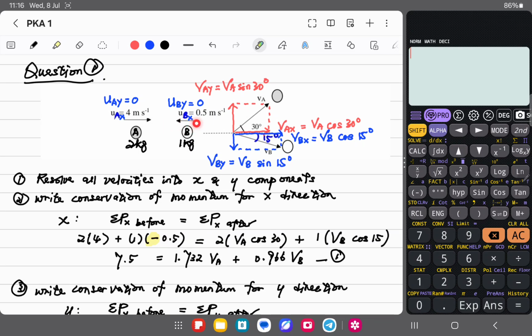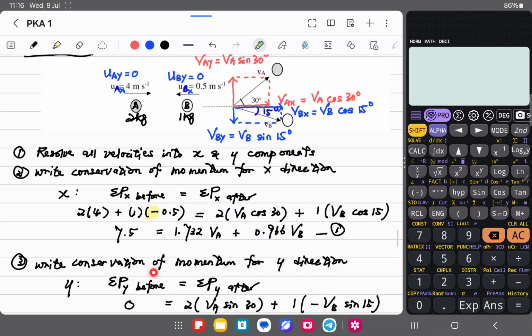Because the direction is leftward for ball B. Then after collisions, we are going to have 2 multiplied by VA cos 30 plus 1, the mass for ball B, multiplied by VB cos 15. So we have one equation, but we cannot solve it because VA and VB are unknown. So we put it as equation 1.